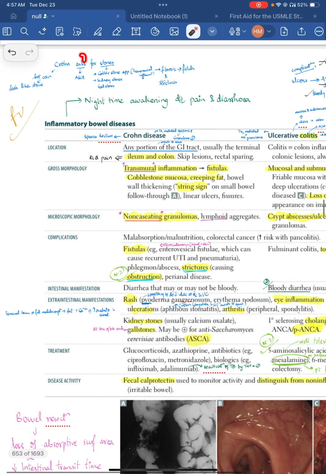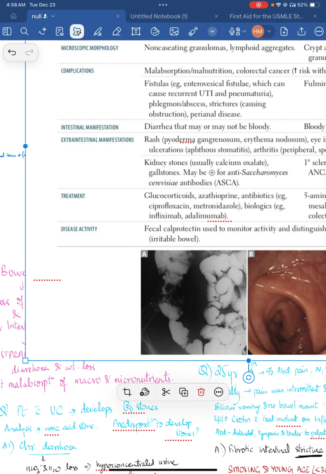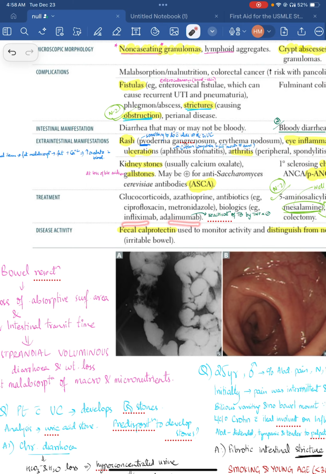Another thing we discussed was ASCA. So ASCA is positive. Coming to the treatment, you need to give immunosuppressive drugs. Glucocorticoids are given, azathioprine. This is also an immune suppression drug. Antibiotics. What are the antibiotics you need to give? Ciprofloxacin and metronidazole. And then biologics like TNF alpha inhibitors, infliximab and adalimumab.